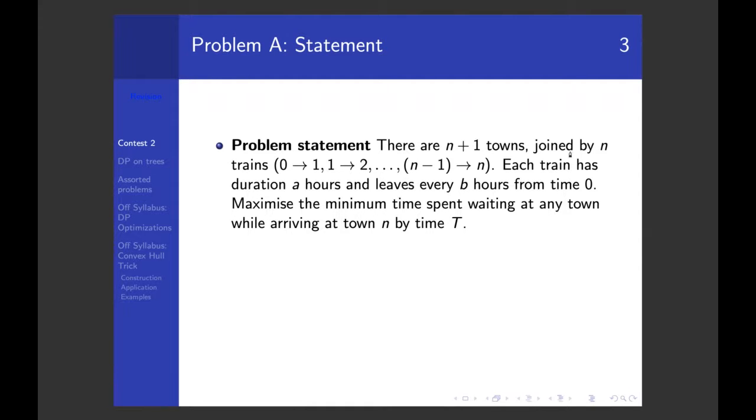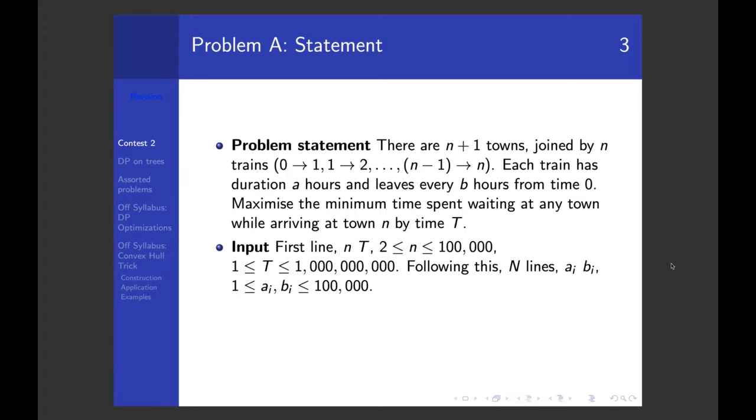Each train has a duration it takes to go between the two stations, and also leaves every b hours from time 0. So the train leaves at time b, time 2b, etc. You want to maximize the minimum time spent waiting at any town while still arriving at the final town by time t. So you have a time limit you want to get to the end by, and you want to maximize the minimum time spent waiting.